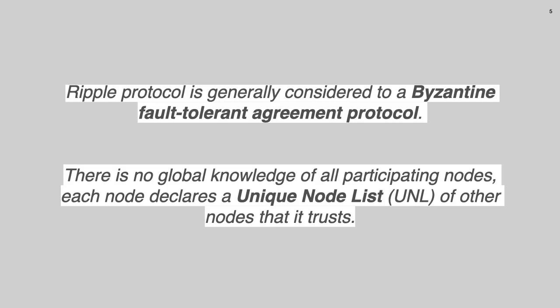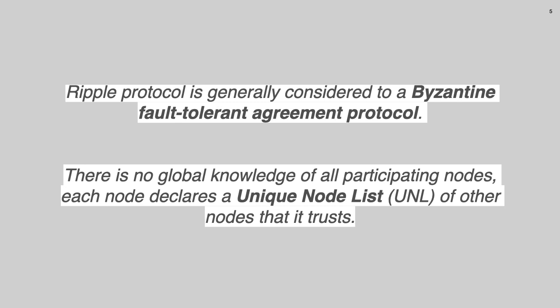Now let's look from a more technical perspective at the Ripple protocol. The protocol itself is generally considered to be a Byzantine fault-tolerant agreement protocol, which can reach consensus in the presence of faulty or malicious nodes.